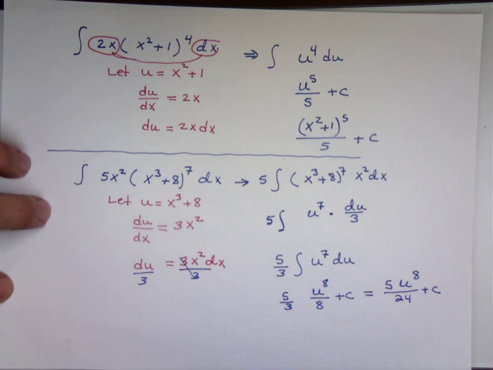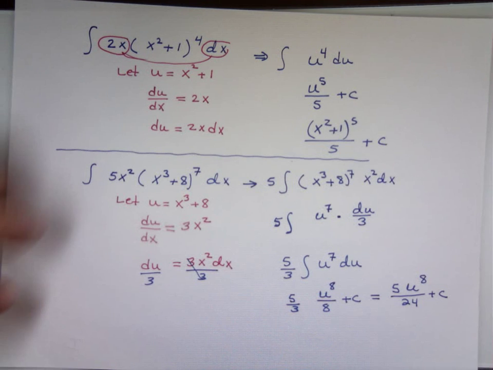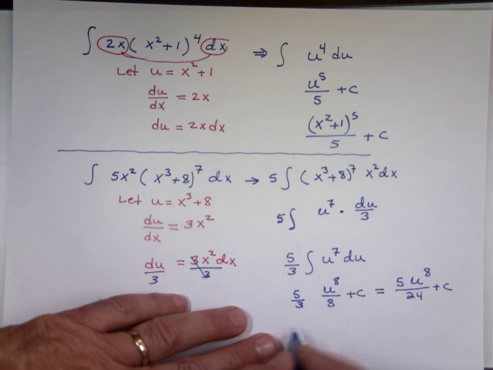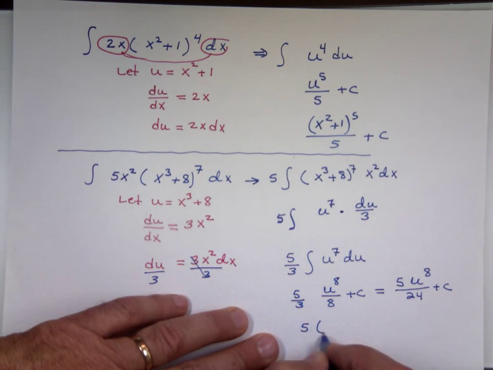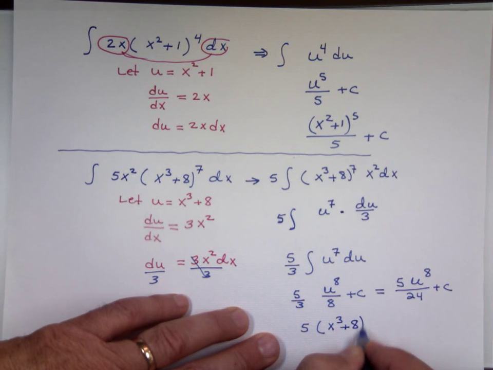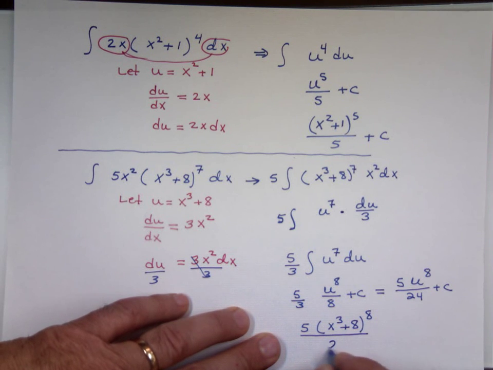And the last step, change the u back to x. So 5, in place of u, it's x cubed plus 8 to the 8th power, divided by 24 plus c.